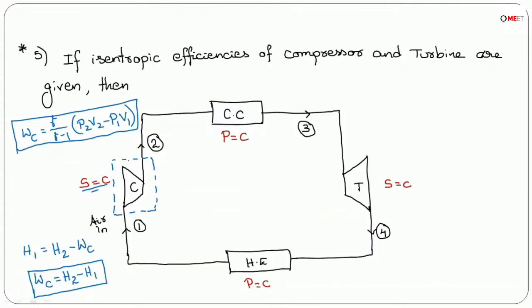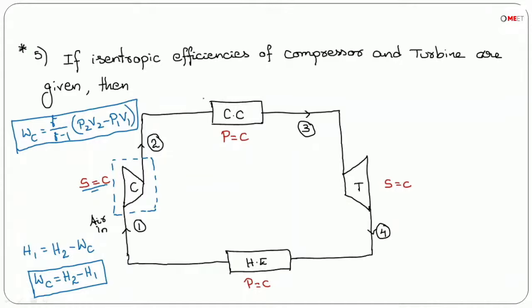But here, when we are talking about gas turbine plants, we are talking about open systems. So by using open system formulas only we have to solve. That means here we need to consider, for compression, the integral VDP work, and for expansion, minus integral VDP work. So that is what we are using here. Try to understand, dear students.